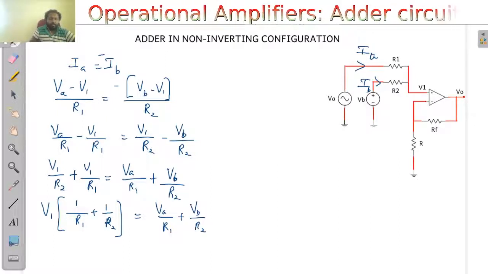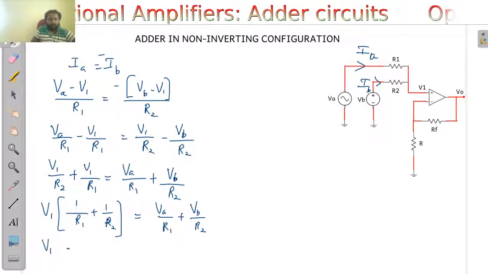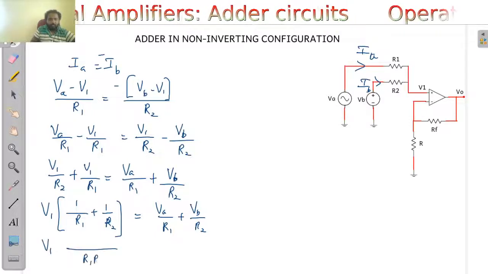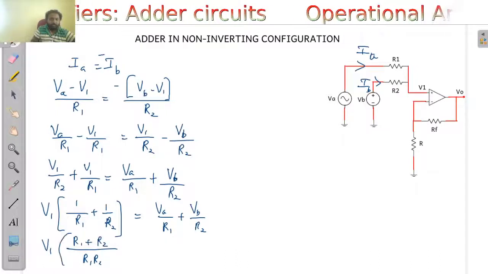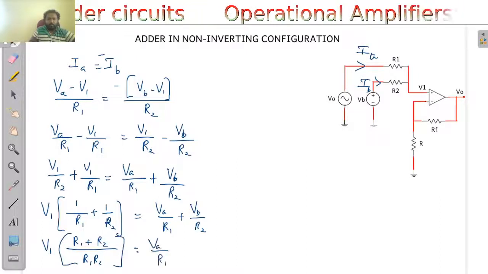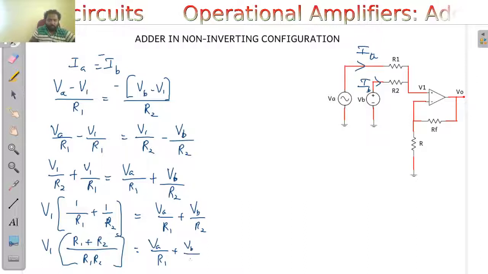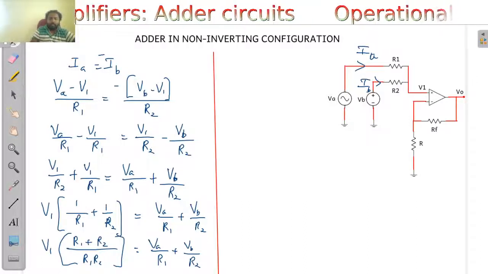Alright, so now I can do some mathematical simplifications, and I'll get R1 R2 over R1 plus R2 in the brackets. So it is VA by R1 plus VB by R2. I can take it to the other side.